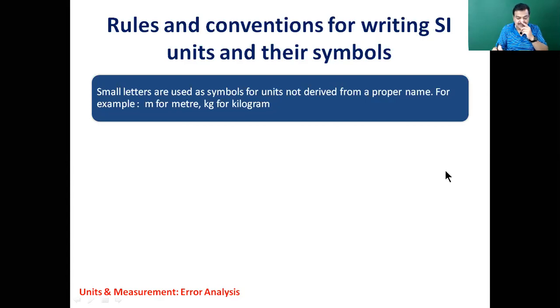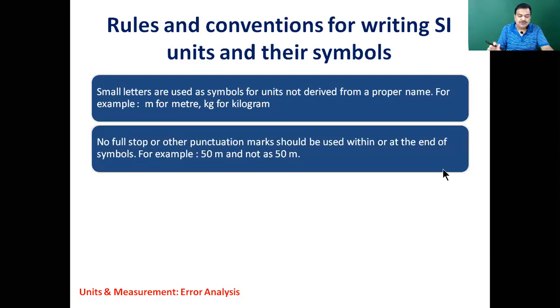Okay. Next, no full stop or other punctuation mark should be used within or at the end of symbol. For example, 50 meter and not as 50 meter के बाद dot लगा दिया. This is wrong. Okay. So you cannot put a full stop, a punctuation mark after the unit.